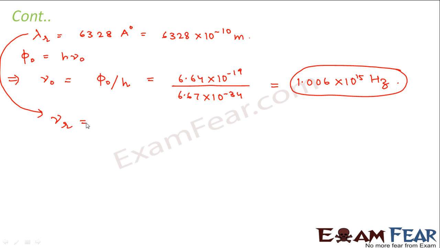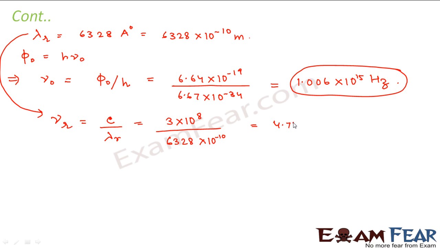The frequency of the red light will be equal to c by lambda, that is 3 into 10 to the power 8 divided by 6328 into 10 to the power minus 10. So this comes out to be 4.74 into 10 to the power 14 hertz. Now which is smaller? We see that the frequency of red light is smaller than the threshold frequency. Therefore, the photocell would not respond.